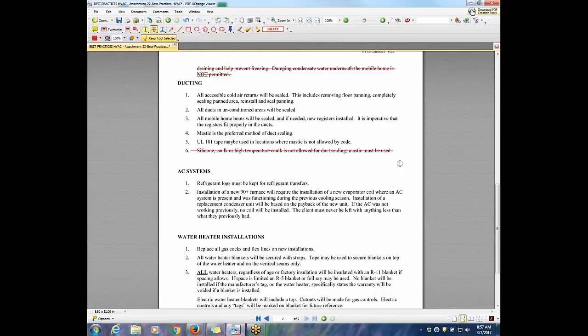Hey, Wade, I actually want to talk about 1 through 5 for a second. Number 1 says, all accessible cold air returns will be sealed, period. What does that mean? This was a Mike Johnson thing.